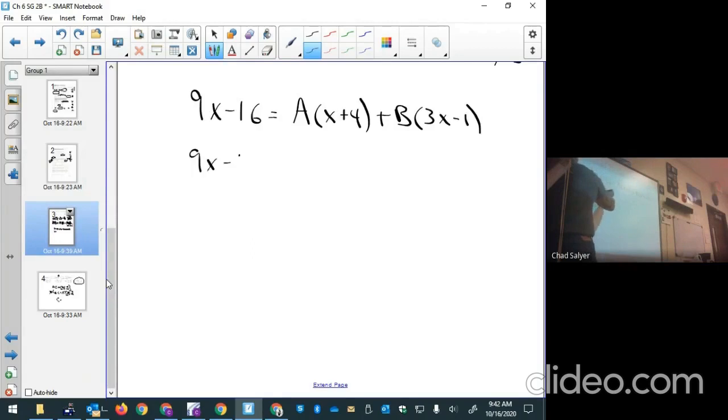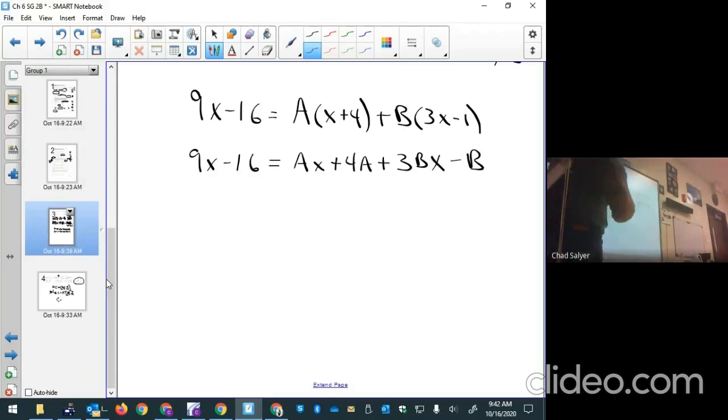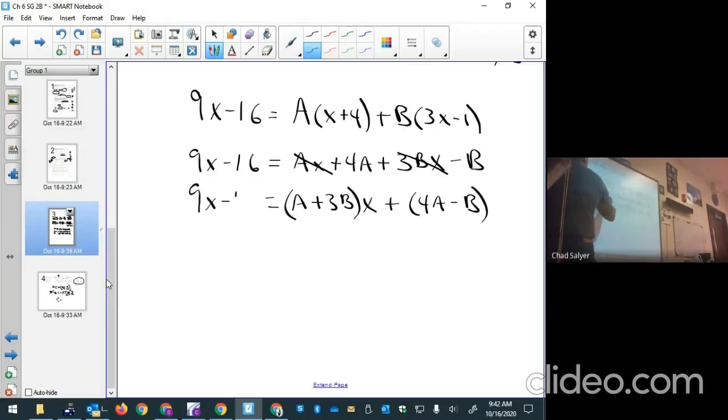So 9x minus 16 equals Ax plus 4A plus 3Bx minus B. So combining our like terms here, that's A plus 3B times x plus 4A minus B. And I know that the x term, the coefficients have to match, and so A plus 3B has to equal 9.